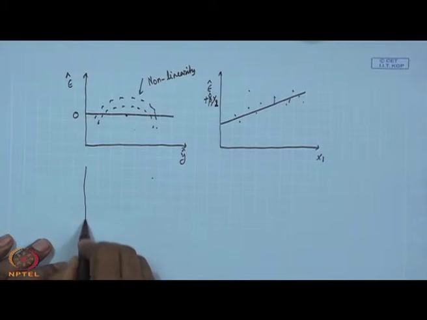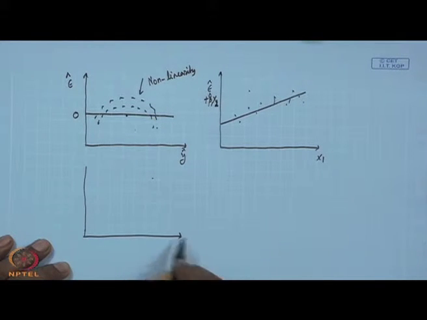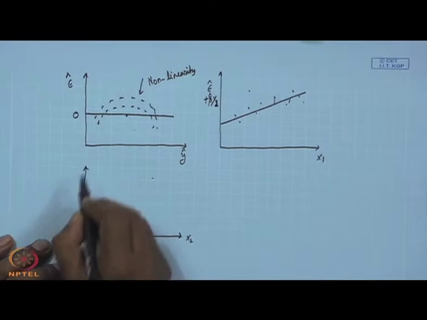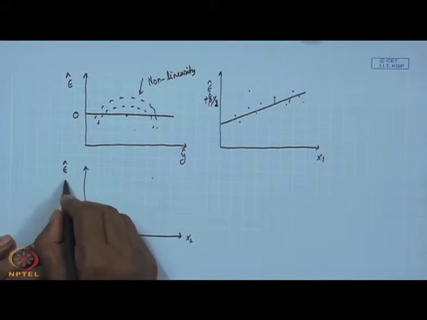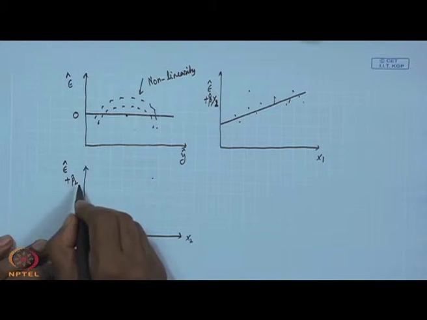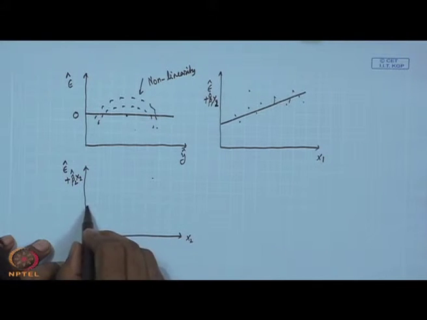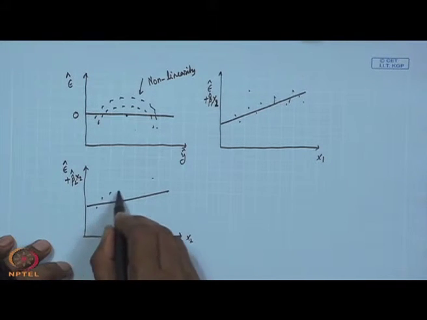When you plot for the second one, x2, then epsilon plus beta 2 cap x2, suppose this one is like this, but residuals like this.